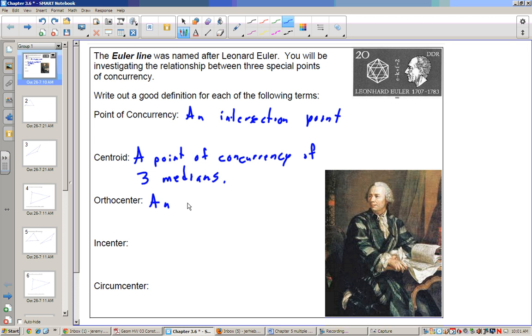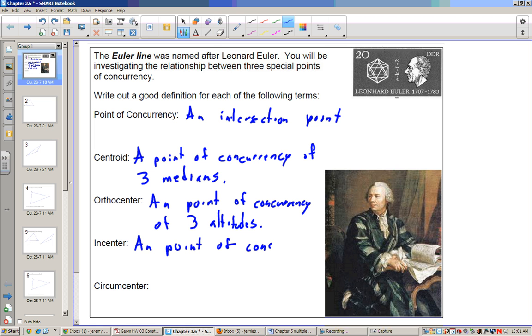Now our orthocenter is a point of concurrency of three altitudes. And our incenter is a point of concurrency of three angle bisectors.